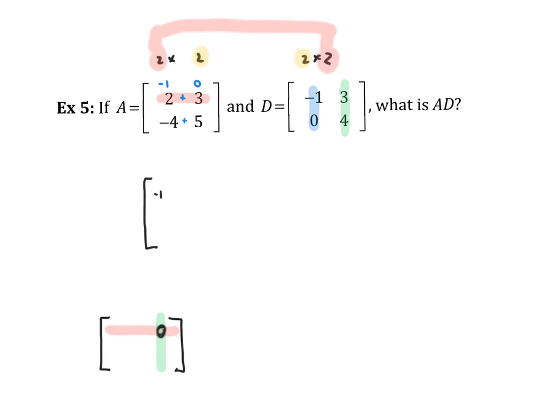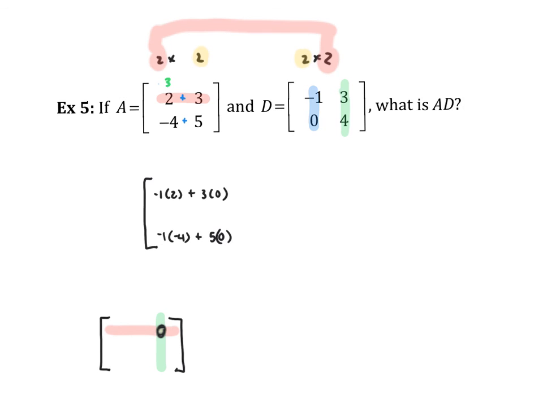So we get a -1 times a 2 plus a 3 times a 0. And then let's go ahead and trickle that down to the next one there. So we get a -1 times a -4 plus the 5 times the 0, or the 0 times 5. Okay, and now what happens next?